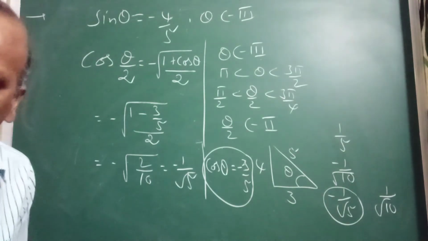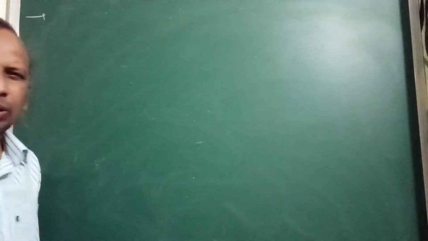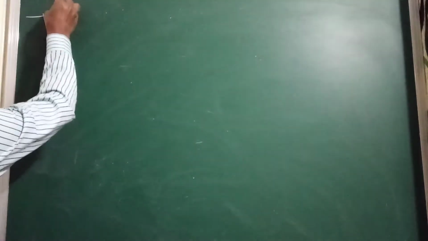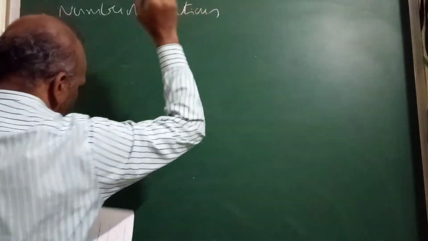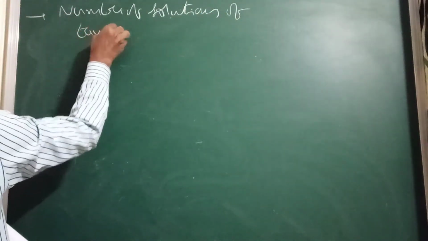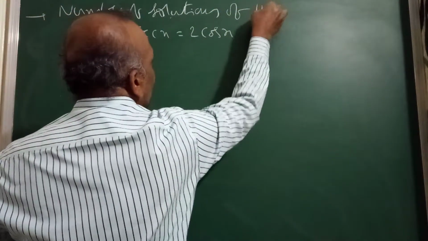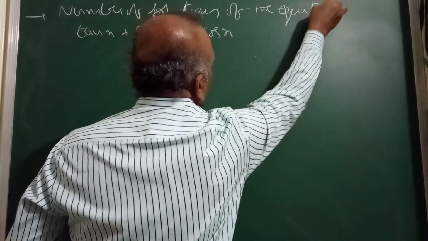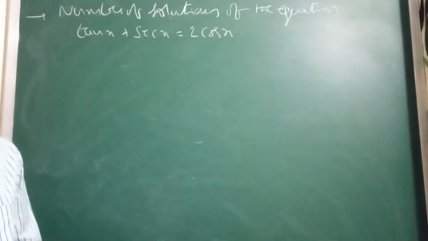Next one. Number of solutions of the equation tan x plus secant x is equal to 2 cos x, lying in the interval.